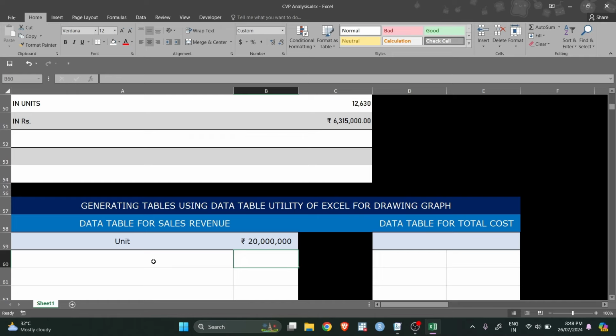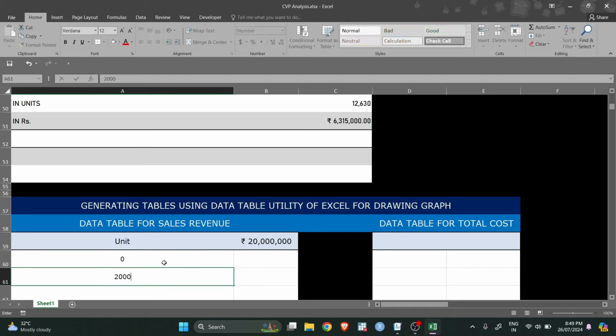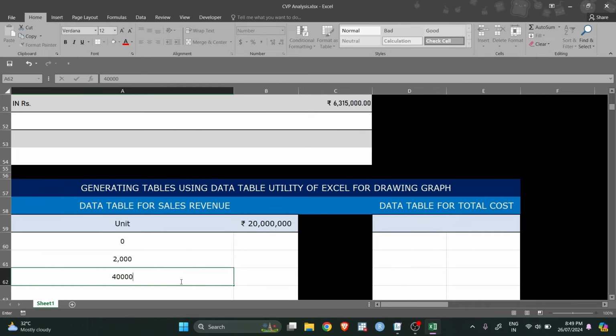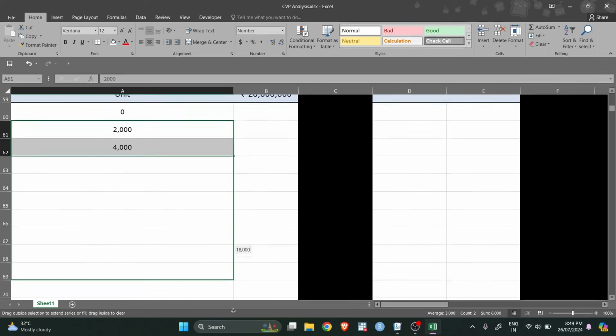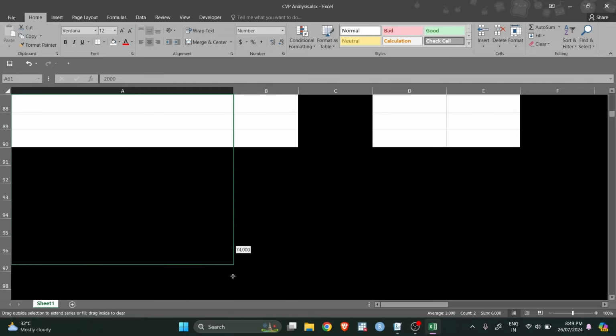So for different quantities, I want to generate my total revenue. 0, let's say 2000, then 4000. Let us go up to how much quantity? Let's say 60,000.